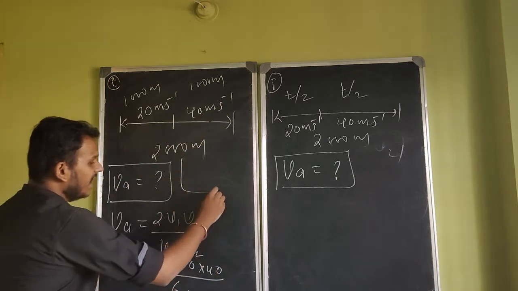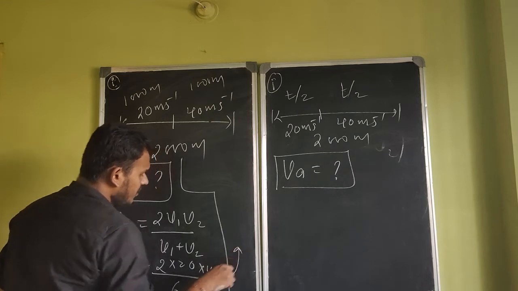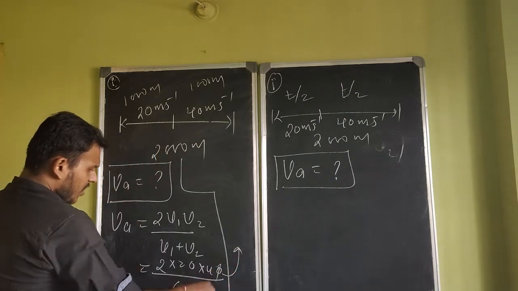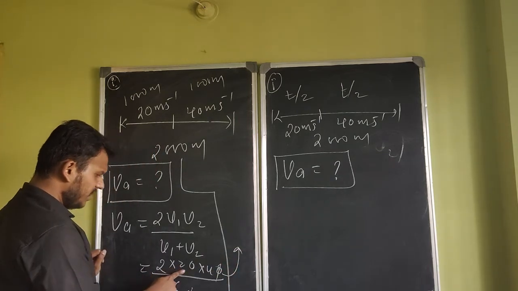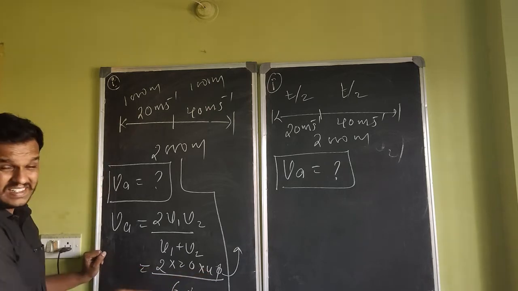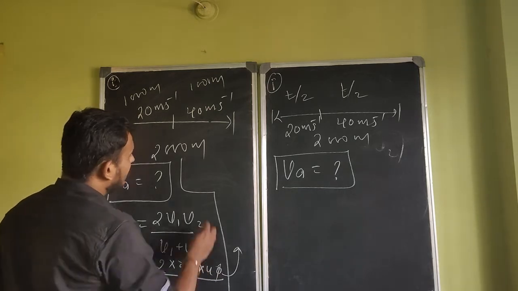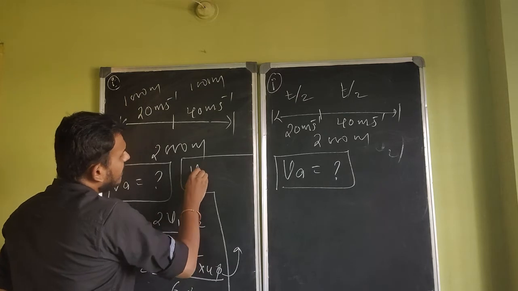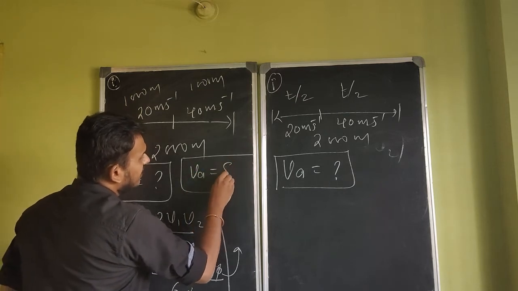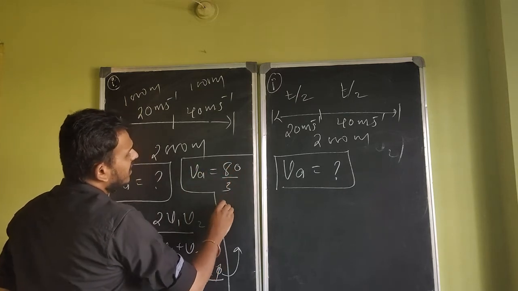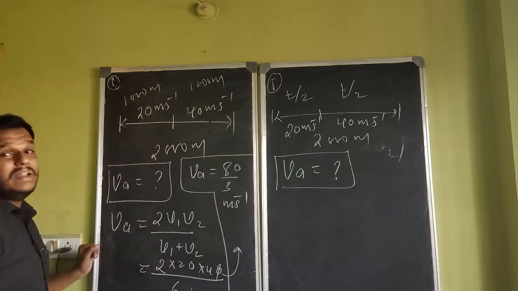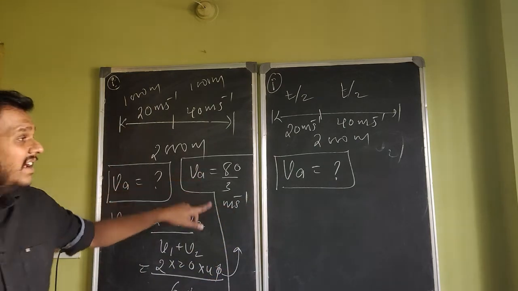If I simplify this, the zeros are gone. I'm left with 20 into 4, which is 80, into 2, which is 160. 160 by 6, which is also 80 by 3 meter per second. So 80 by 3 meter per second in this case.